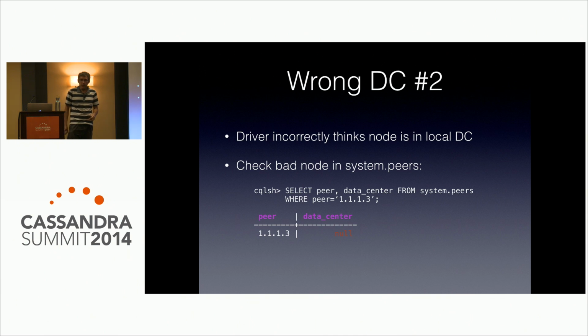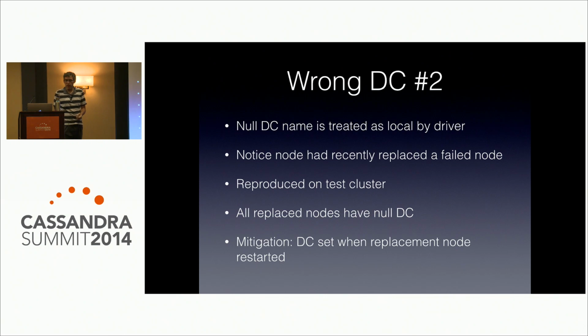But what actually happened was the driver was incorrectly connecting to the wrong DC. So I looked at the nodes that it was connecting to in the wrong DC, and I asked Cassandra, which data center is it in? And it returns null. So the driver is getting back a null DC. So what does it do there? Well, it turns out that it treats null as local.